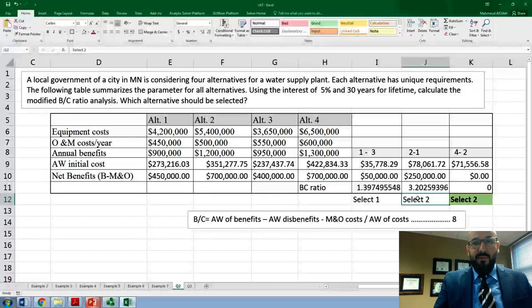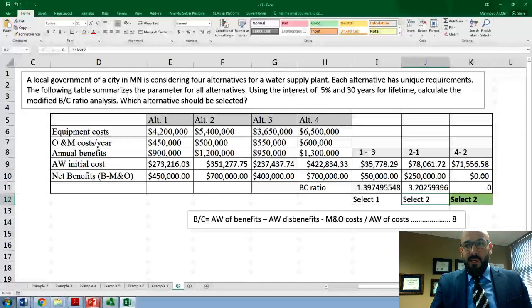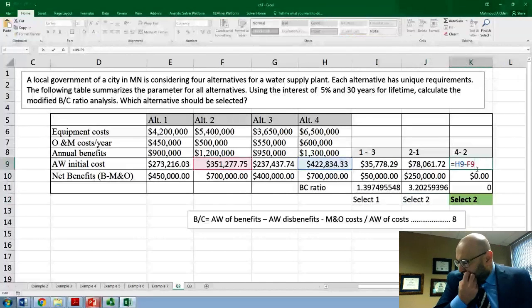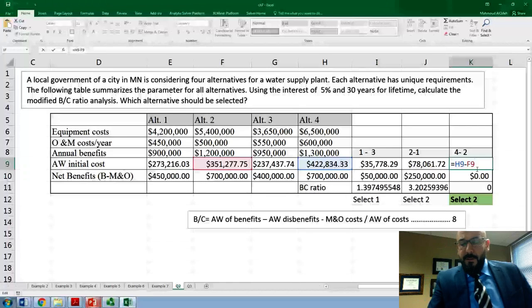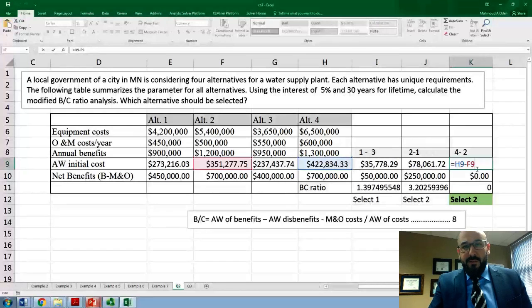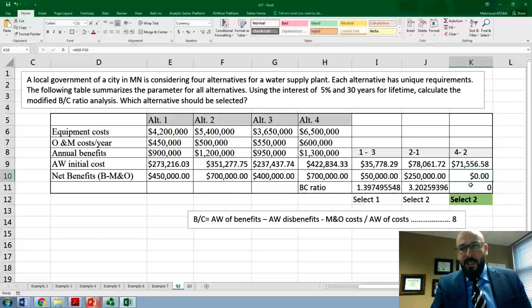Now that leaves us with 2 alternatives, 2 and 4, and we do an incremental analysis the same way. So we subtract 2 from 4 because 4 has the higher initial cost, and the same thing for the net benefit. 700 minus 700 is 0, and that results in a 0 BC ratio, which is less than 1, and therefore we select the alternative that has the lower initial cost.